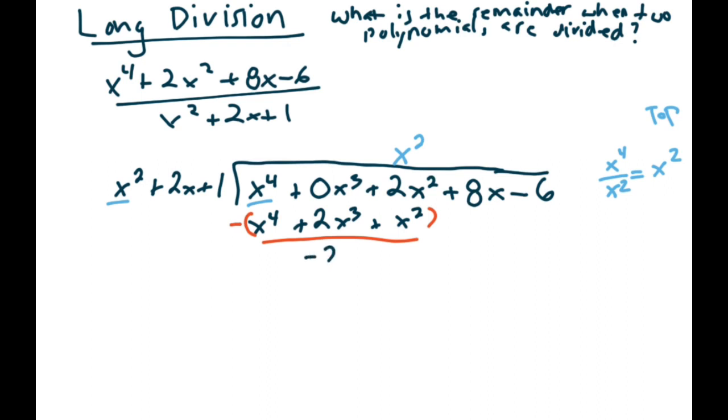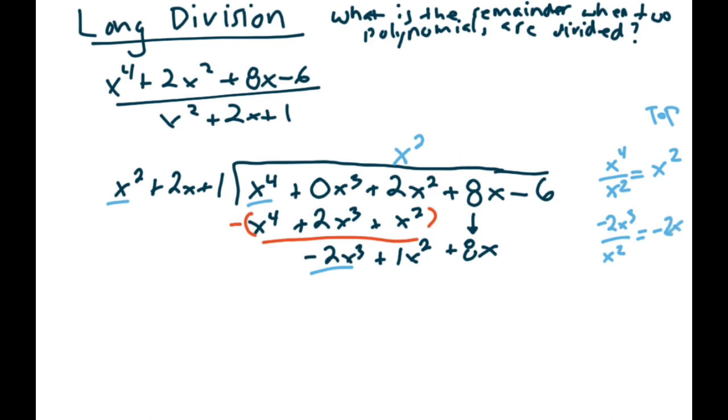This would give us negative 2x cubed plus 1x squared plus 8x. Divide the first two terms. So negative 2x cubed divided by x squared is negative 2x.